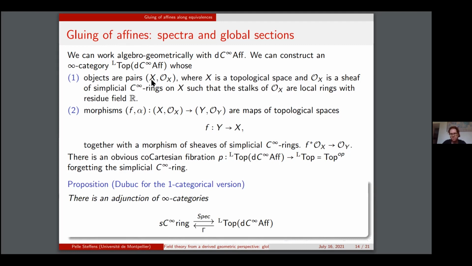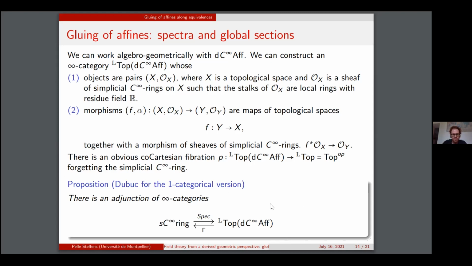You can just think of OX as an object in sheaves on X, and then you can replace X or this category of opens of X with an arbitrary infinity category that has a topology. So those will give you locally ringed topoi. And these allow you to not only glue along equivalences, but also glue along local equivalences. So say local diffeomorphisms. Okay.